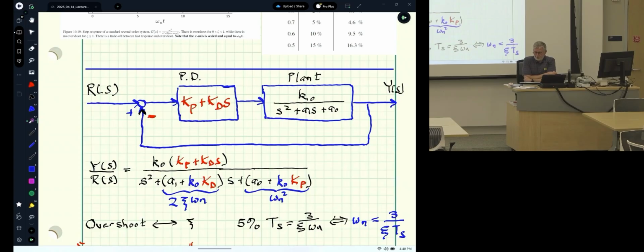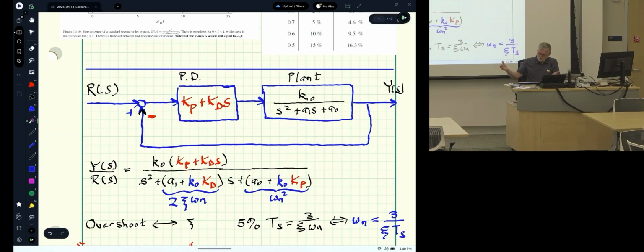Okay, so we started looking at PD control to take a nominal plant that maybe doesn't have the right overshoot or doesn't have the right time of response, or maybe is even unstable, and then try to make it stable. So this becomes the forward path transfer function.